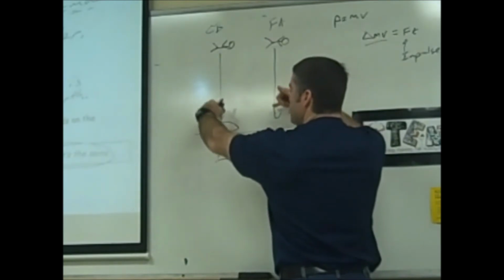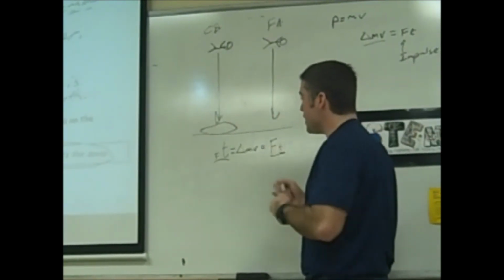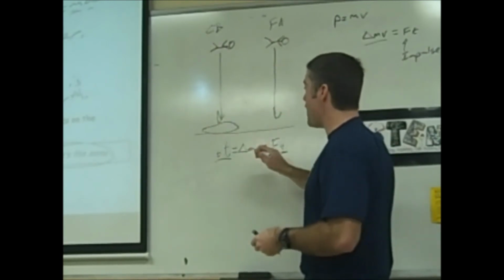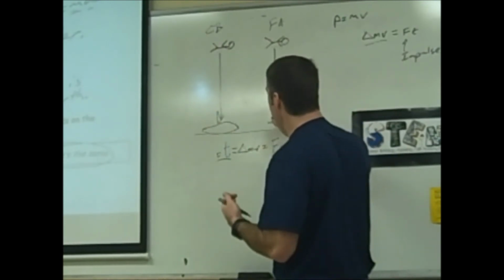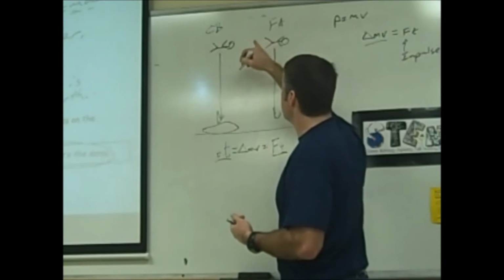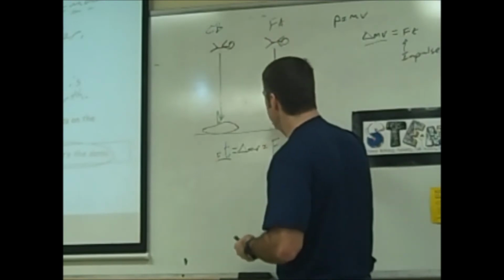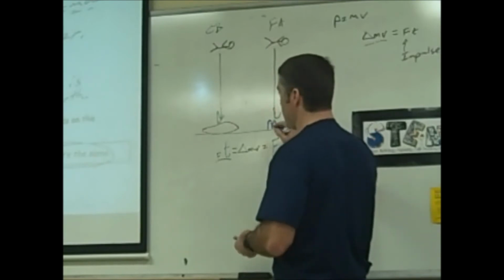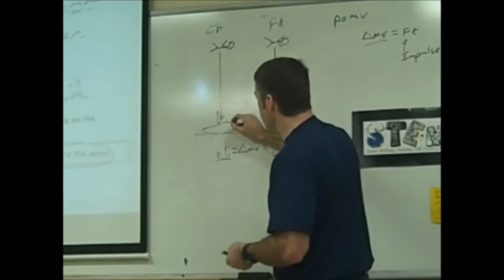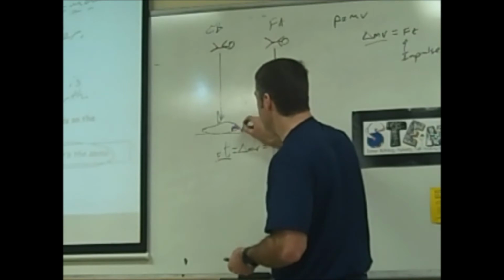But even assuming they have the same velocity, when they get to the end of this fall, they have different masses. So if this guy was heavy, by the time he gets to here, he's going to have a big mass and low velocity, so he's going to have that much momentum. By the time this guy gets here, he's going to have a smaller mass, same velocity.